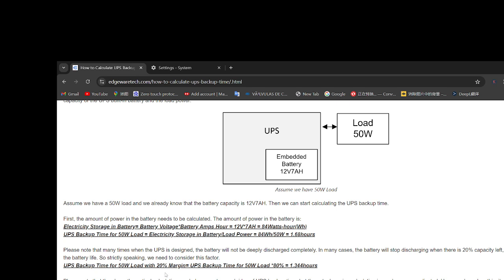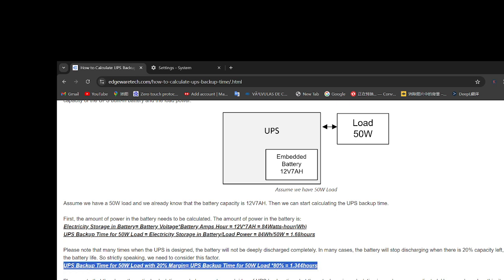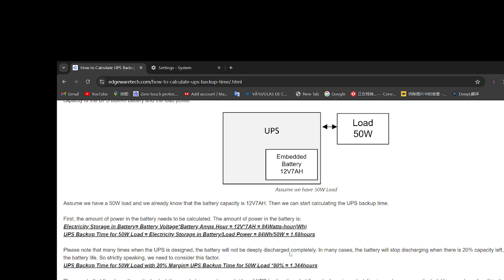So you had better multiply this real number by 80% to get the final number. Typically every UPS provider does this, and our UPS system also works this way. So you get the final number.